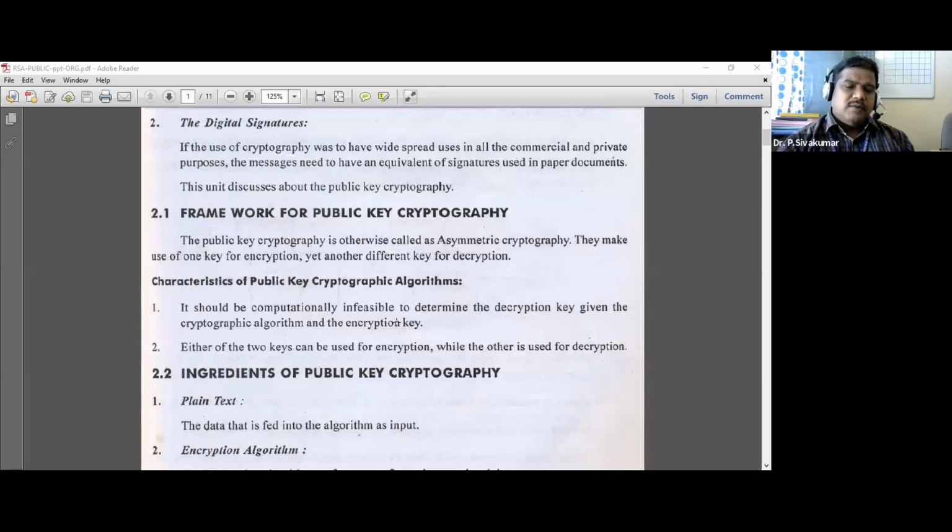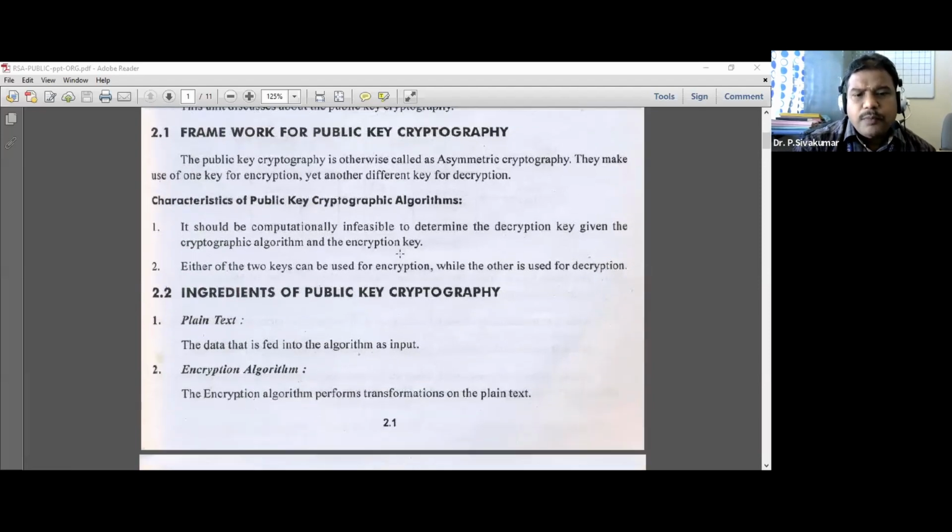The key takes the major part of all these algorithms. So it is not possible to determine the decryption key, because another key is used for decryption. The decryption key is normally a private one. Another thing, it uses two keys. These are all the characteristics of a public key cryptographic algorithm.